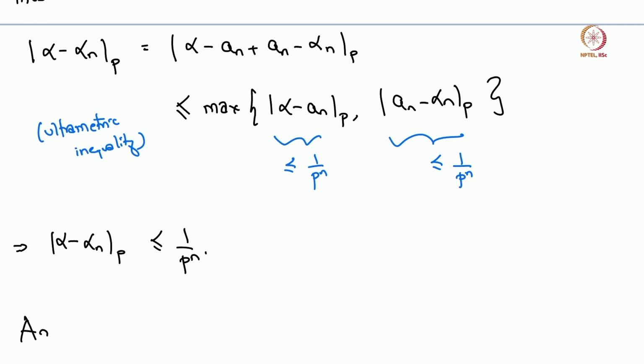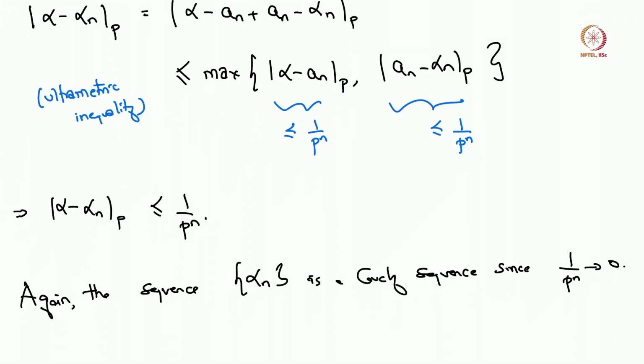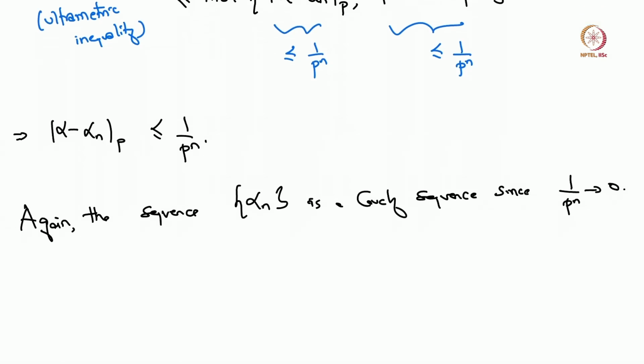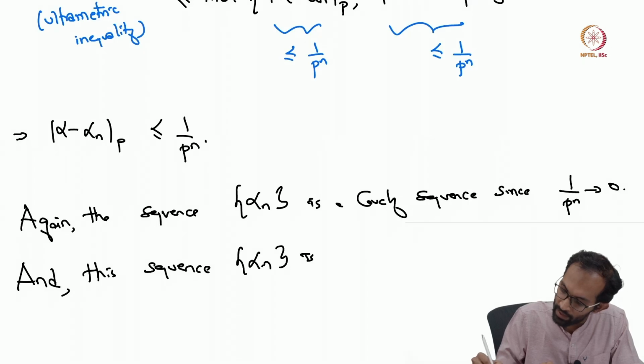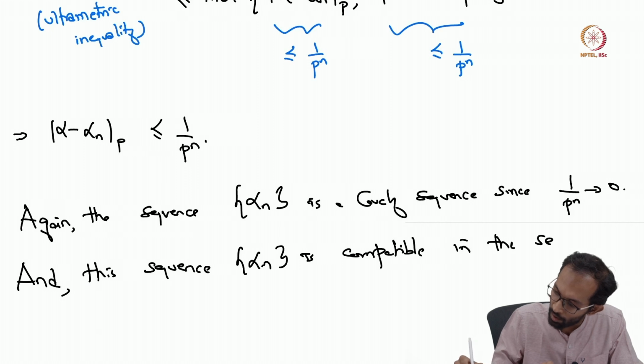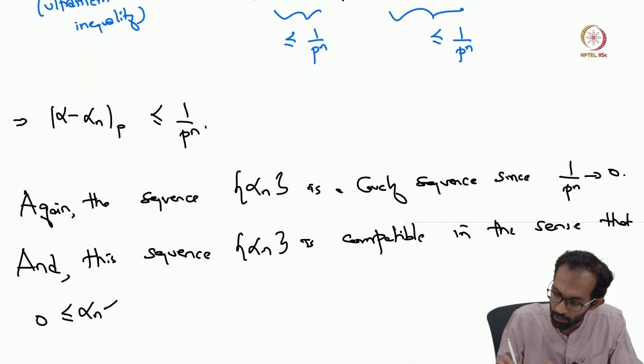So again, the sequence of alpha_n's is Cauchy, since 1 over p to the n just goes to 0, and the sequence alpha_n is compatible in the sense that I've chosen my alpha_n so that they're between 0 and p to the n.